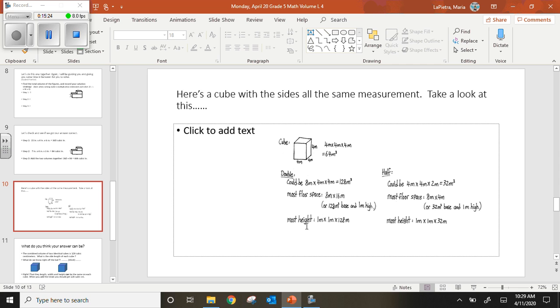And if I wanted to do more height and make my figure look different but still have the same volume, I could say the base was 1, meaning the length times the width. 1 times 1 would be 1. And then the height would go really high, 128 meters. So just a few different ways that you could take this cube, make the shape look different, but still have the same volume. And they did it again with half.